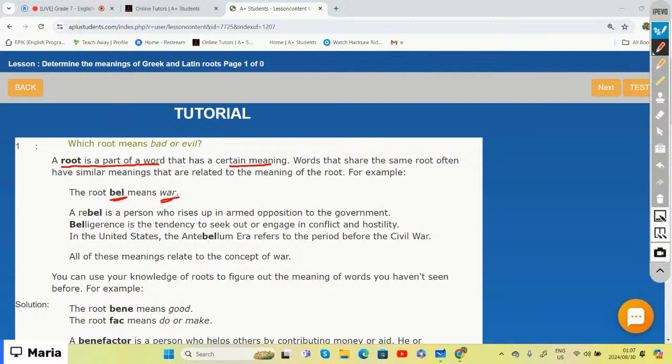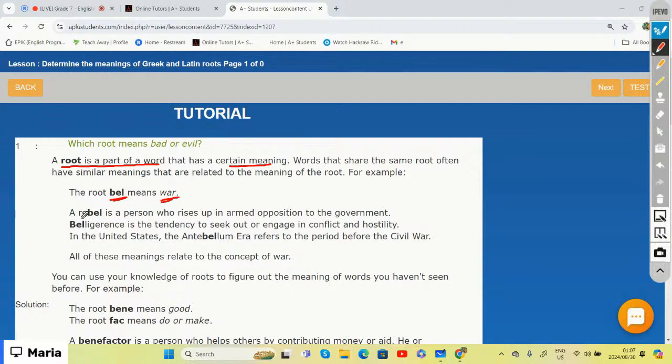Remember, once we have a root word, whatever letters we add onto it to make another word will have a meaning related to the word war, because our root word is bell.